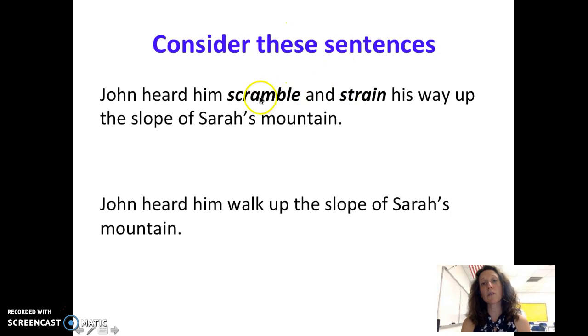So just the use of words like this, scramble and strain, make a big difference in painting the picture, in painting the scene for the reader. So in this example, I could say the author uses diction to show the reader that it is difficult for John to get up the mountain and that he's having a hard time.